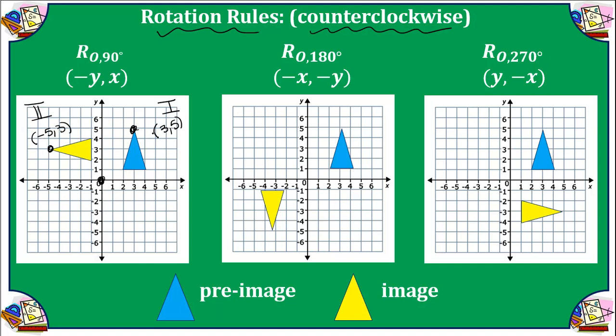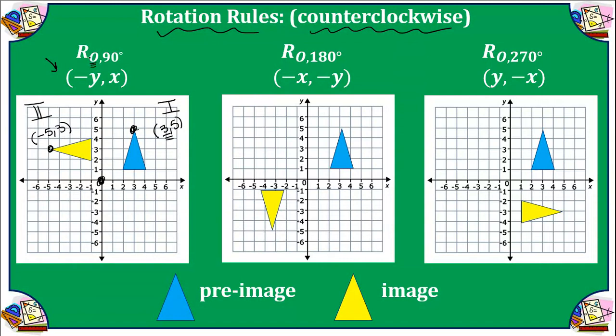What happened was our x value did not change the sign. It stayed what it is. So when we go 90 degrees counterclockwise, the x coordinate stays its value. The y coordinate changes to the opposite value, and then the two coordinates switch places. So here is the rule for a 90-degree rotation about the origin.